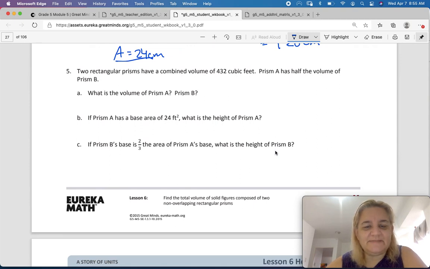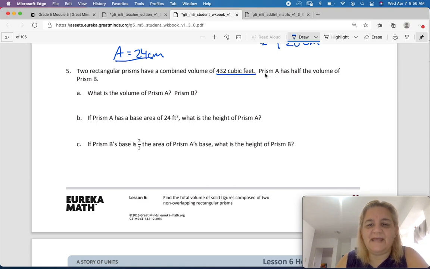2 rectangular prisms have a combined volume of 432 cubic feet. Prism A has half the volume of Prism B. Okay, interesting. Okay, well, let's draw a picture so you can picture it here.